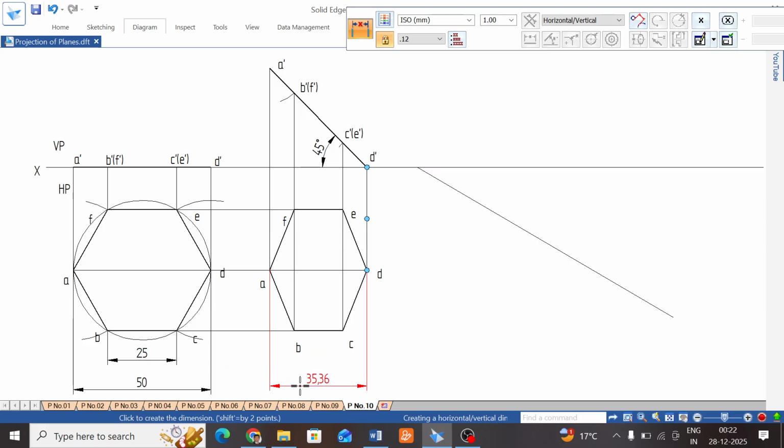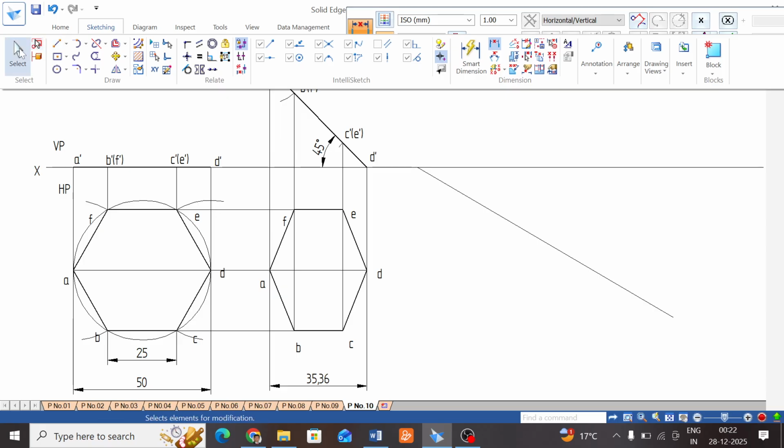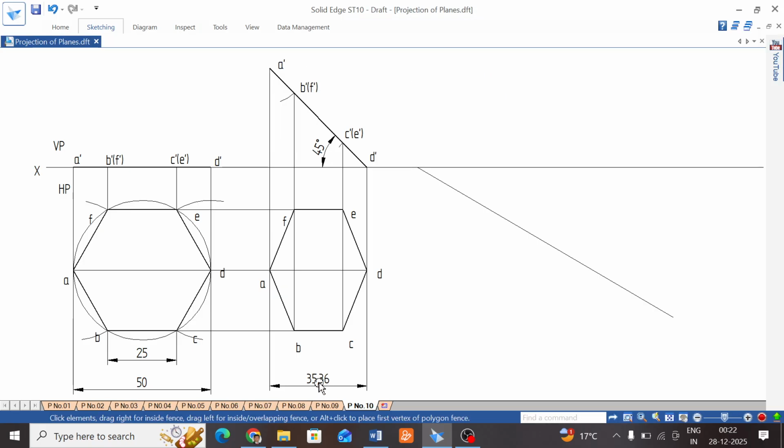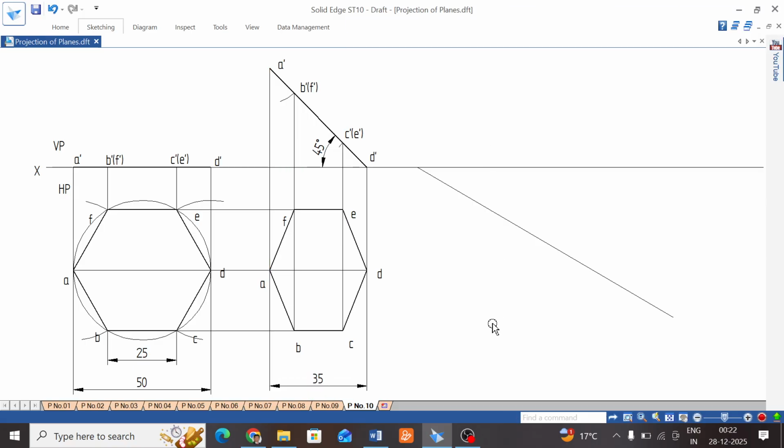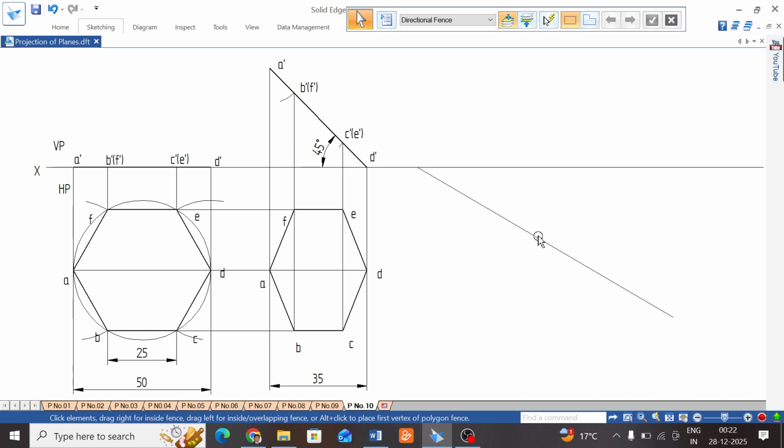This length is around 35 mm. You will get this dimension is 35 mm. You have to show with 35. Now on this line mark AD, original lamina distance first.